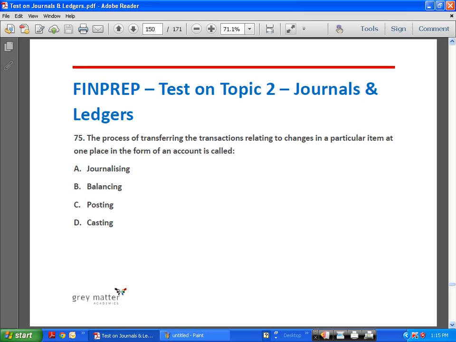The sales made to Ram will be recorded in a separate account called Ram account, sales made to Shyam in Shyam account, and sales made to Ravi in Ravi account. So an account is a place where transactions relating to a particular item are recorded, and the process of making an entry in various accounts from the journal is called posting.